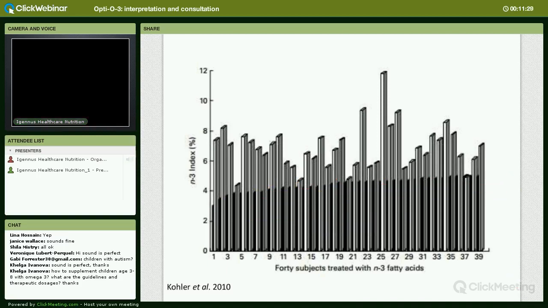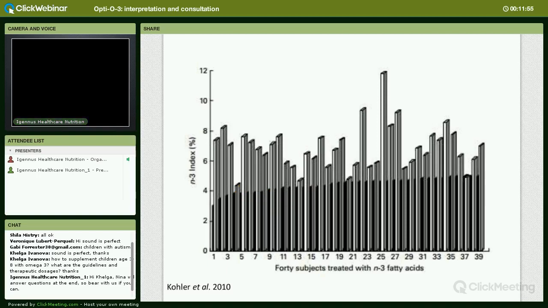Each of the individuals were treated for 6 weeks with 0.5 gram of long-chain omega-3, and then the omega-3 index was evaluated again. And as you can see, each individual responds very differently. Some people's omega-3 index increased, almost doubled, whereas other people's was hardly touched at all.